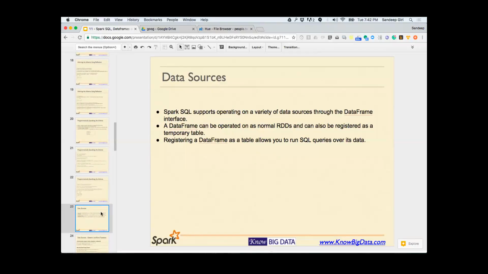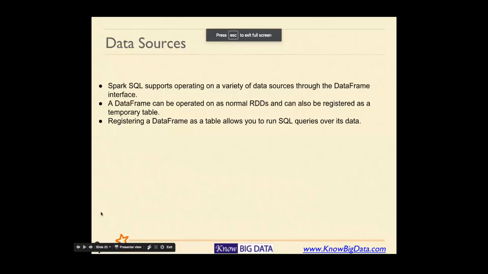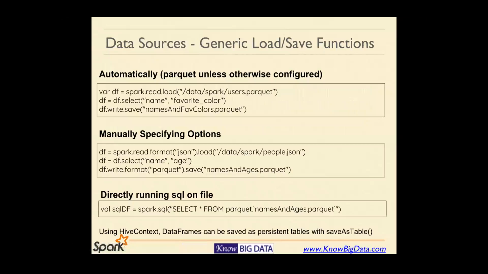Now, Spark can load data from all kinds of data sources. For example, if you want to read data from a Parquet file. Parquet is a newer columnar format.